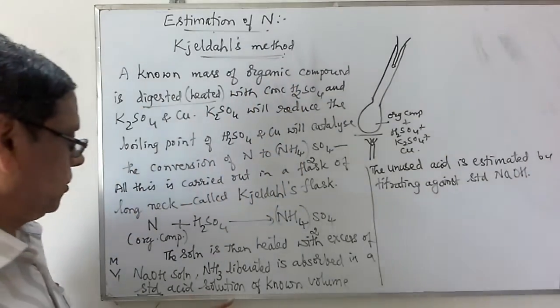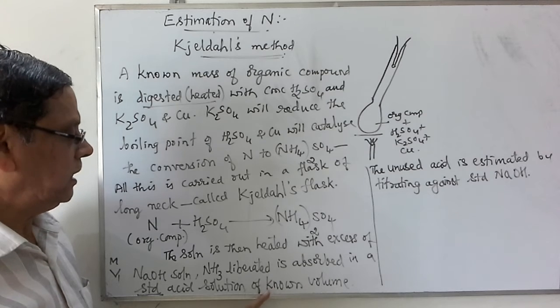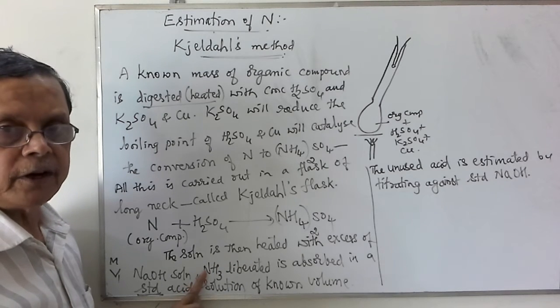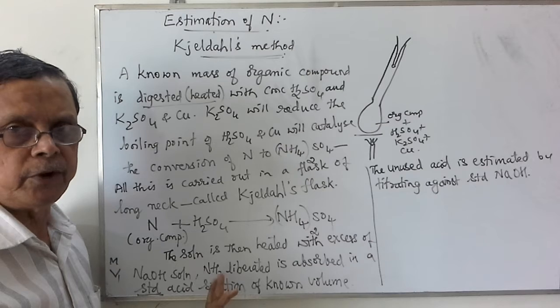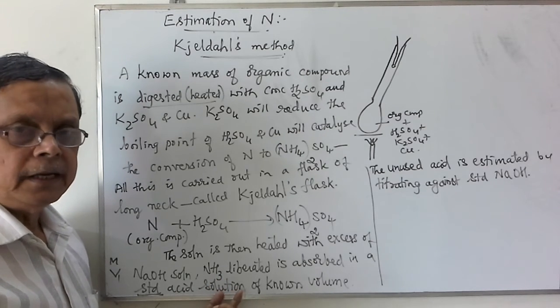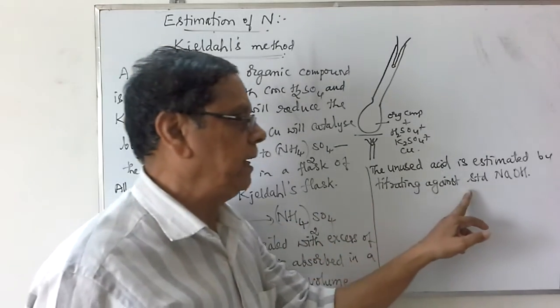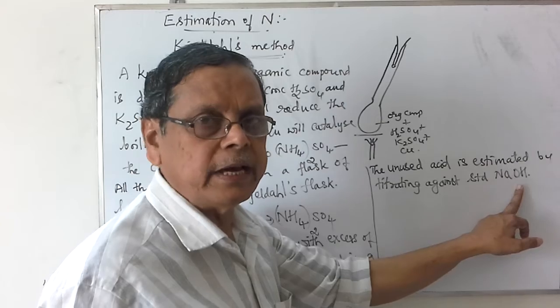So here we are using an excess of the acid solution. Some amount of acid is used by the ammonia for forming ammonium chloride or ammonium sulfate. Some more acid will remain in excess. This remaining acid is estimated by titrating the solution with NaOH solution.